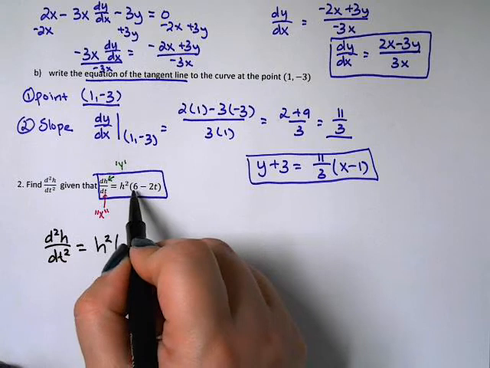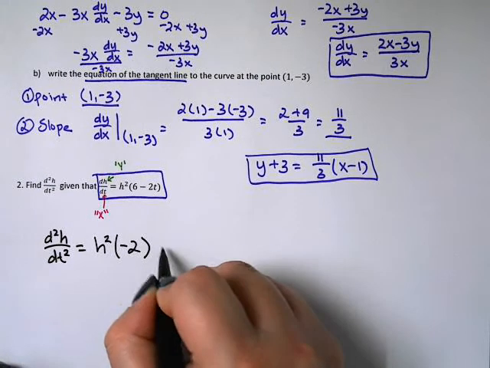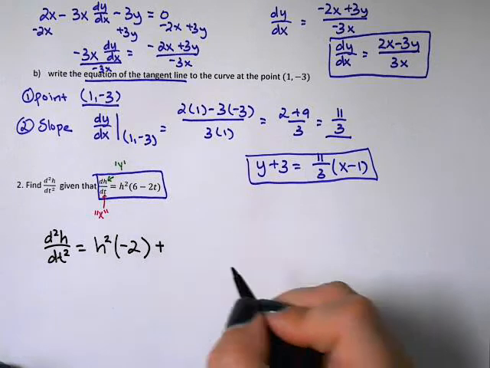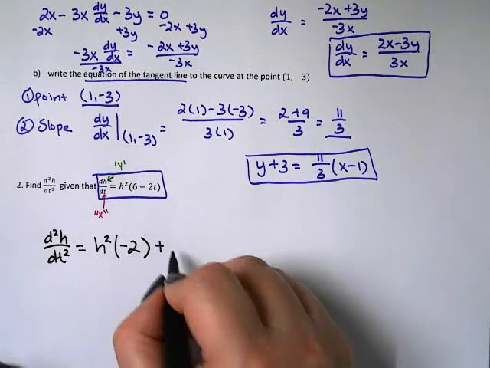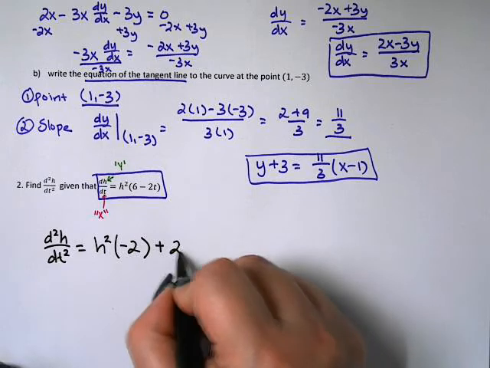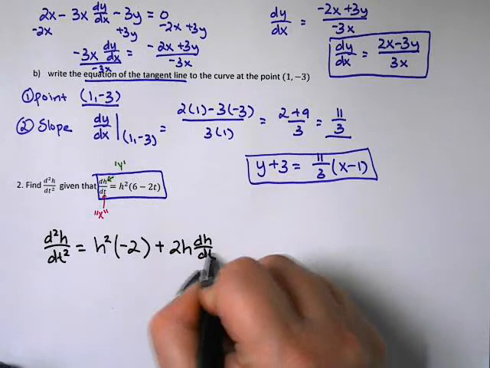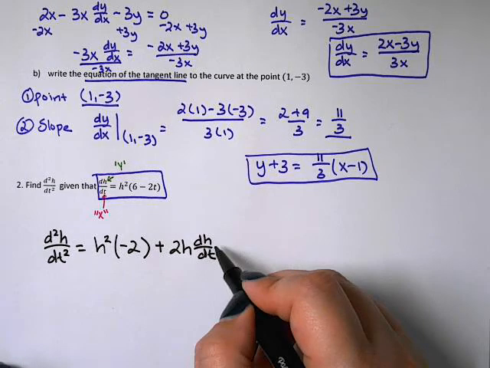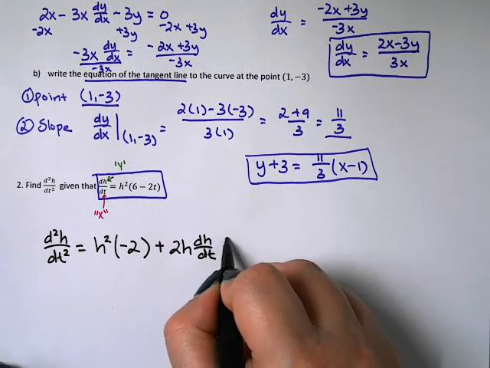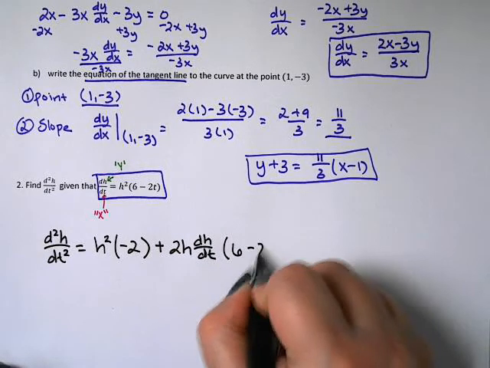So the derivative of 6 minus 2t is actually just negative 2. Plus, now I'm going to need to take the derivative of my first function. So the derivative of h squared is 2h dh/dt. That's where that implicit differentiation is going to come into play. And then I need to multiply by my second function, which is just 6 minus 2t.